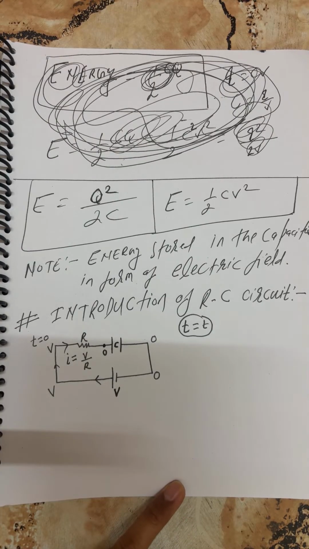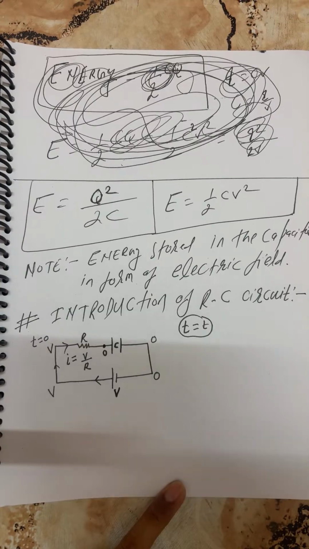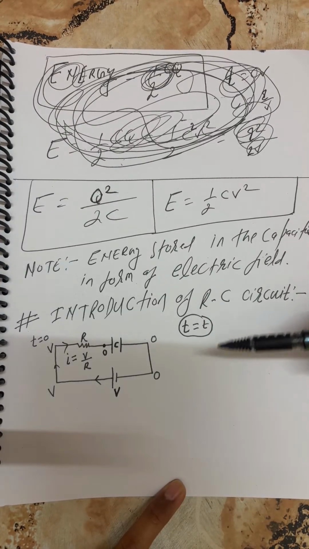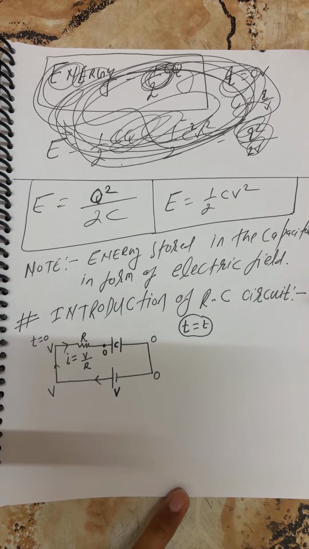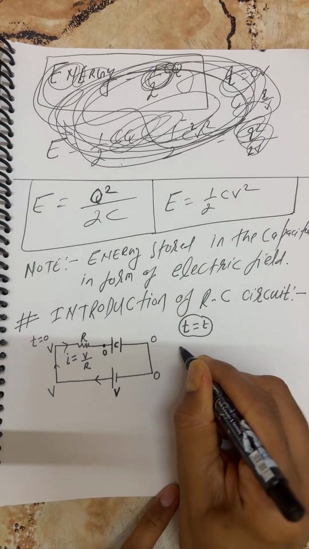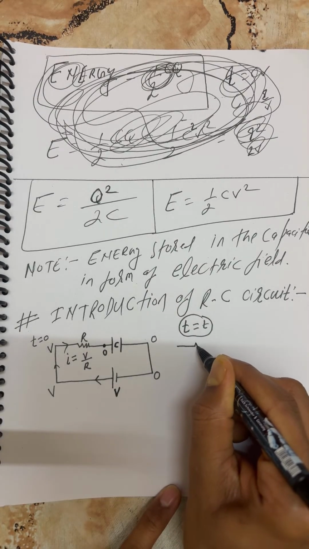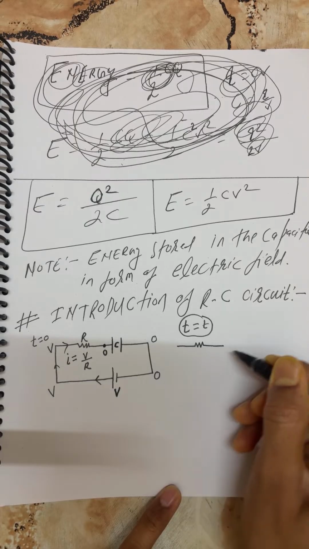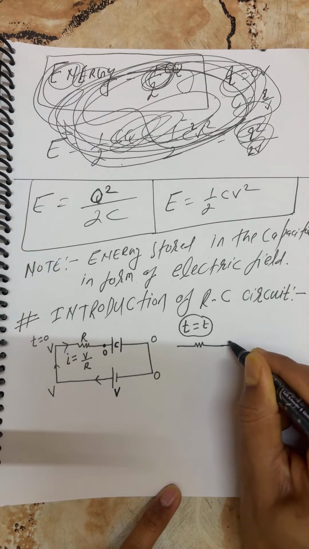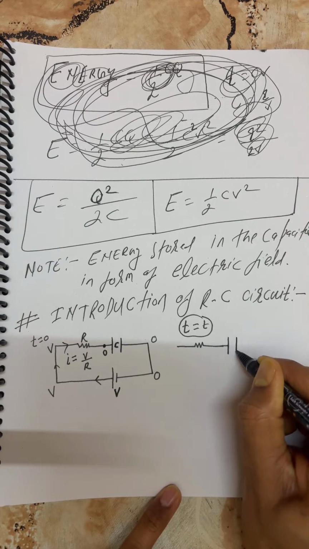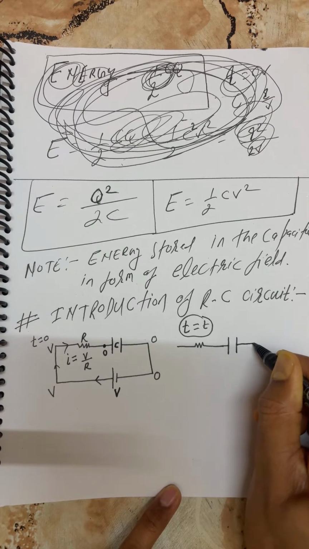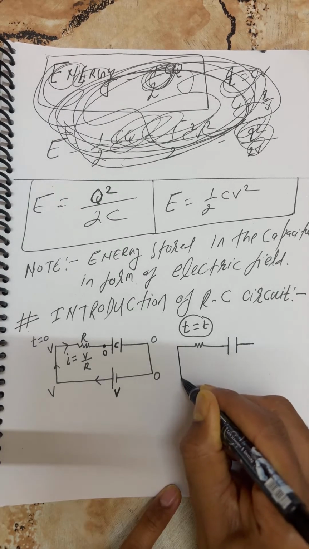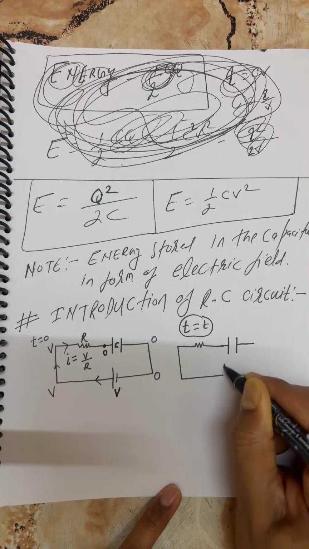If time becomes t, the capacitor has started charging a little. Once the capacitor started charging, there is a potential drop across the capacitor.